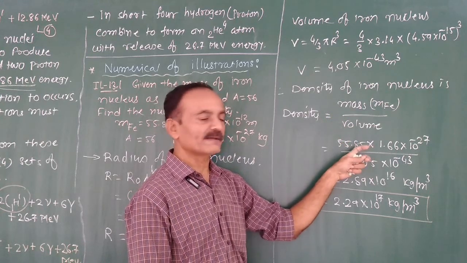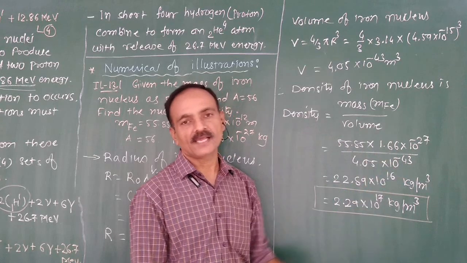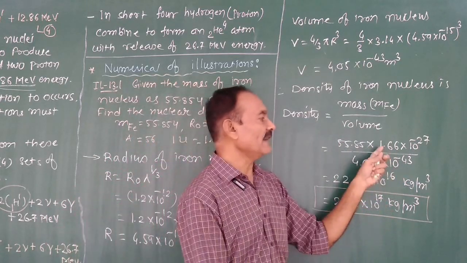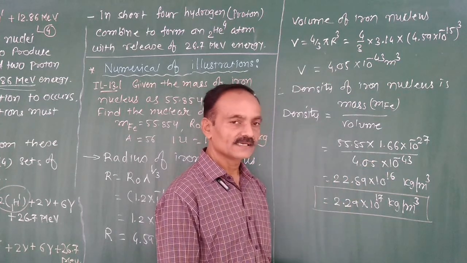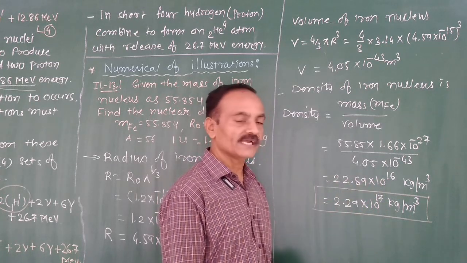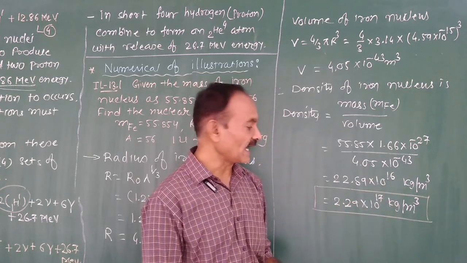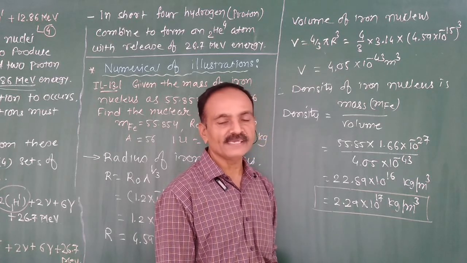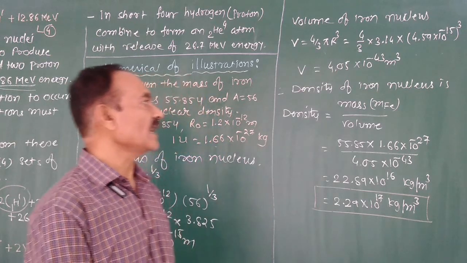Mass is given in atomic mass unit, convert into kg, that means we have to multiply by 1.66 into 10 raised to minus 27 kg, divided by the volume 4.05 into 10 raised to minus 43. As a result, we obtain 22.89 into 10 raised to 16 kg per meter cube. Therefore, the density of the iron nucleus is 2.29 into 10 raised to 17 kg per meter cube. So that is the density of the iron nucleus.